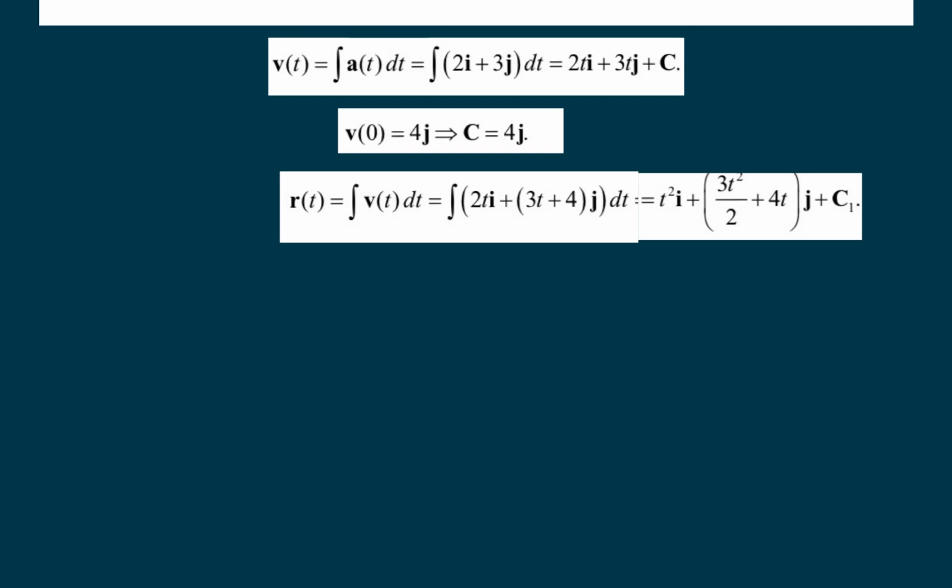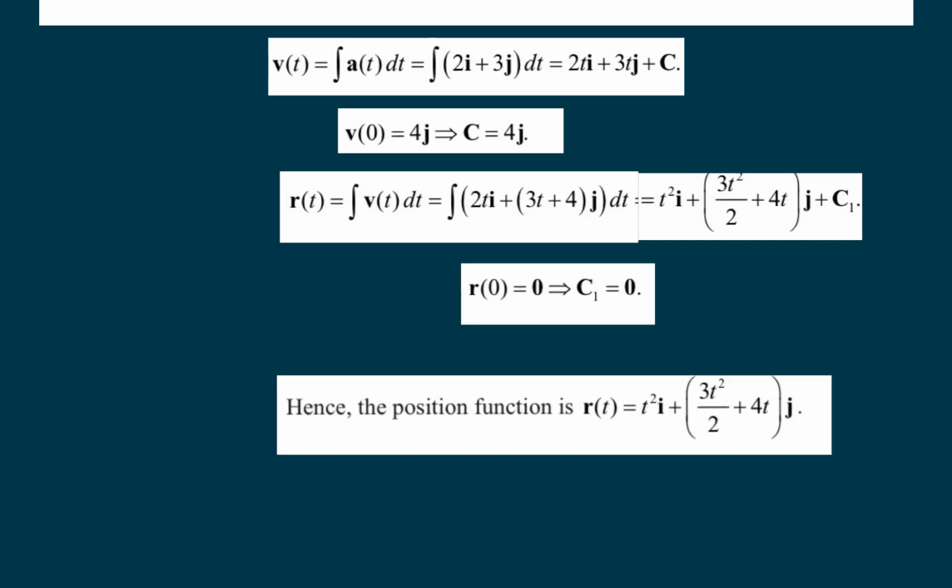How will we find the new constant? We impose the initial condition. The initial condition says that r of 0 is 0. So you plug in t equals 0 on both sides of the equation, and you obtain that the vector c1 has to be 0.